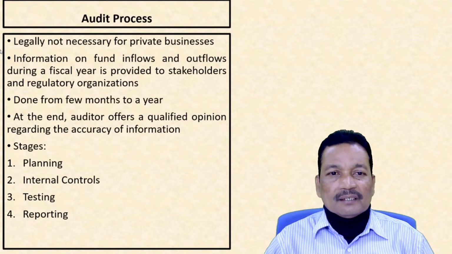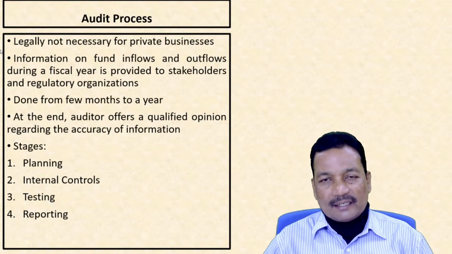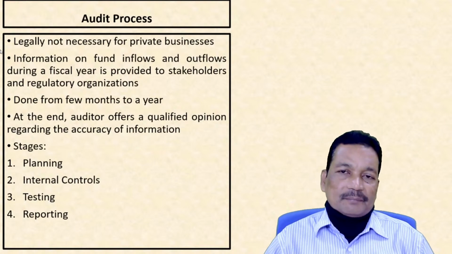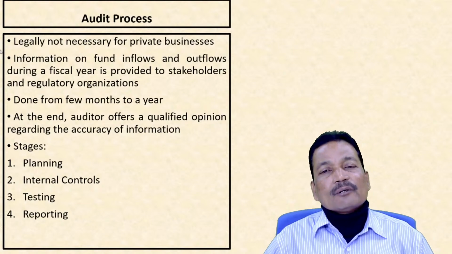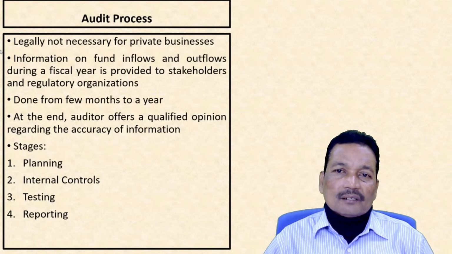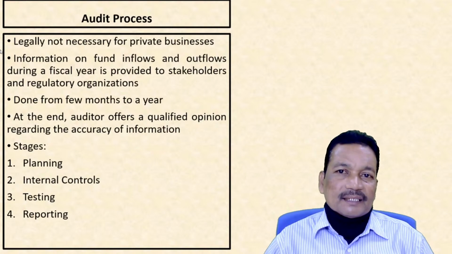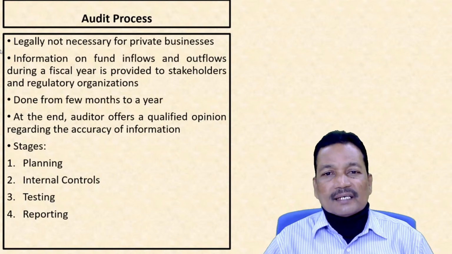Now, this information is provided to stakeholders and regulatory organizations after making a proper assessment. What is that proper assessment? It will be compared with the plan, the costs for the various activities that were set at the beginning, and what actually is happening at each of the fiscal years.